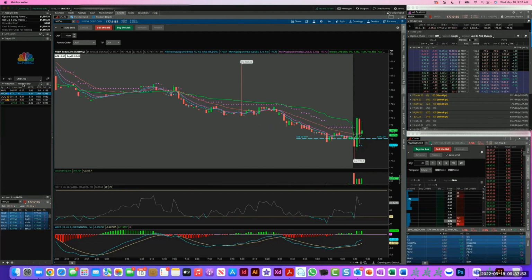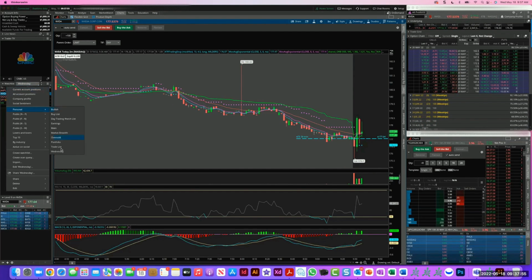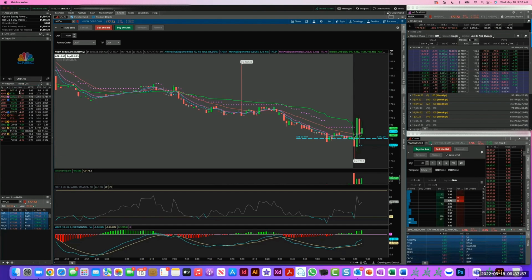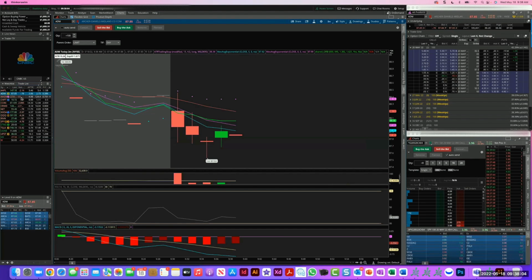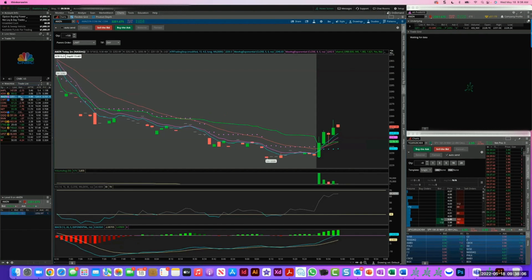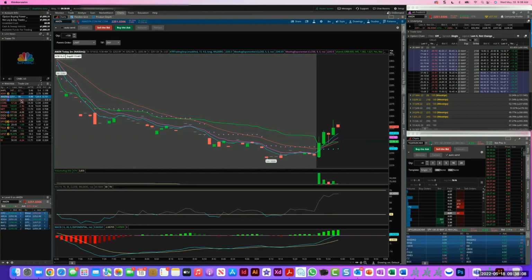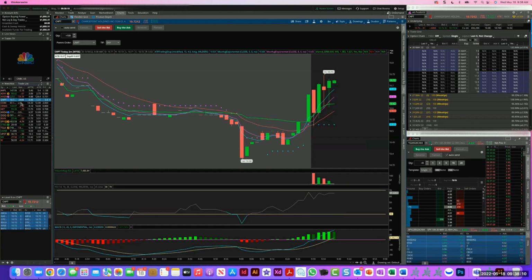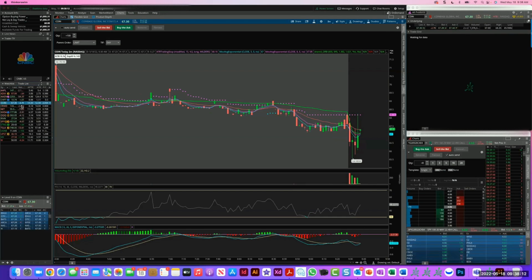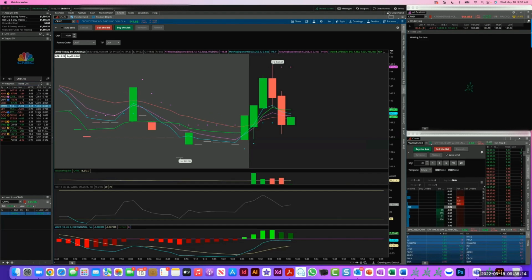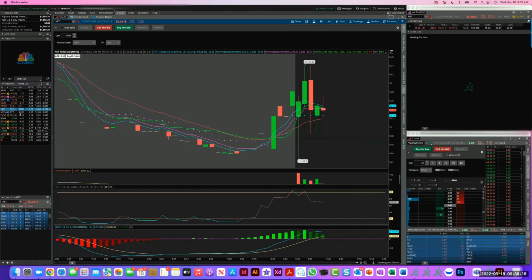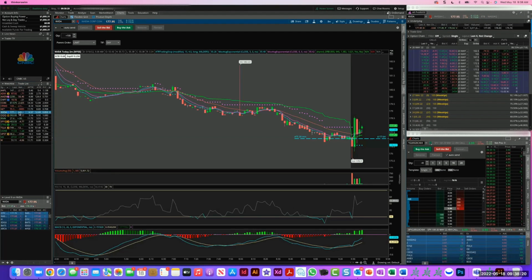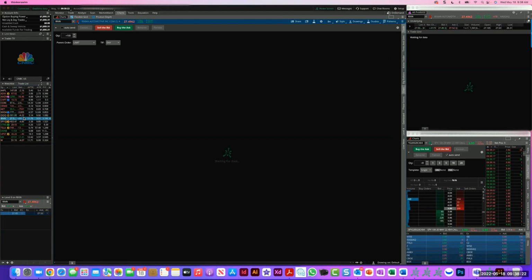I'm going to go back to my original list to see if anything has changed. So we looked at Apple, looked at ADM, Amazon, ChargePoint, Coin, CrowdStrike, and none of these are in the oversold area, it appears.